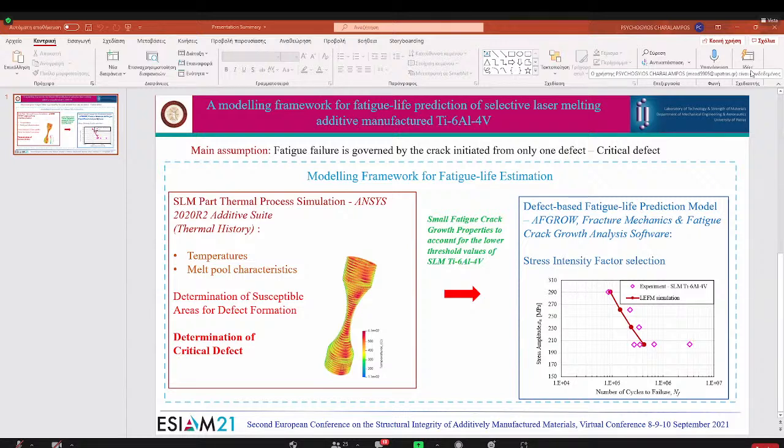Okay, and then I'm just curious, one of the big factors in using, for example, FGROW or fracture mechanics-based crack growth data is the geometry functions. So I wanted to ask, what geometry functions did you use for the assumed initial defect?